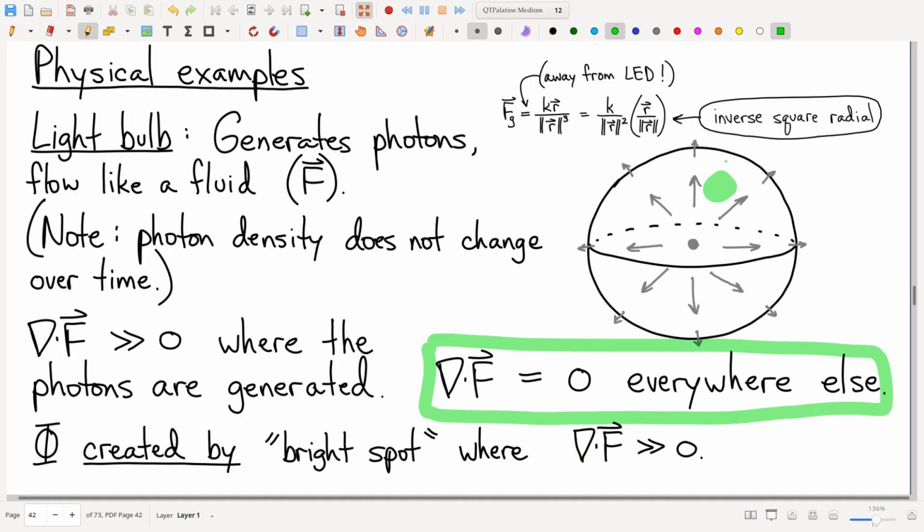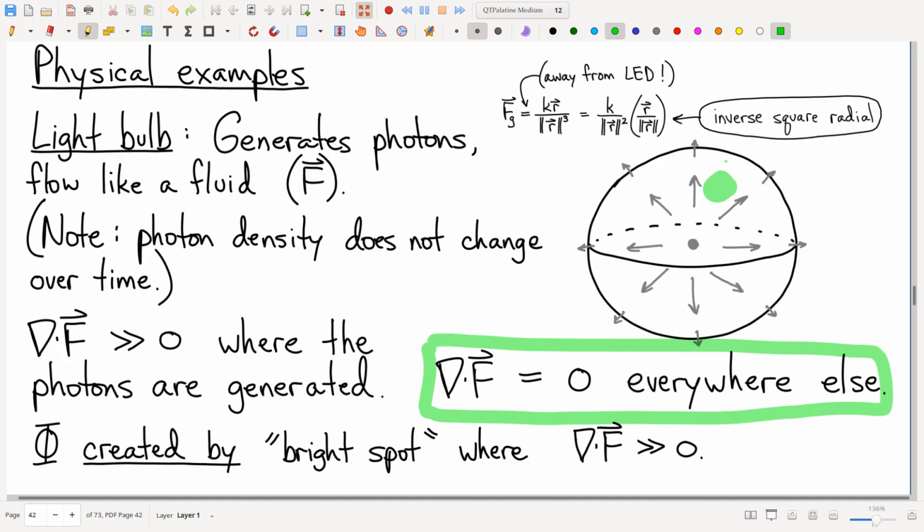But here's the easier argument, and I think this makes loads of sense. This is a good physical metaphor that y'all can think through, and when you get into physics classes where they're talking about inverse square radial vector fields like electricity and gravity, note we have an inverse square radial vector field here, right?